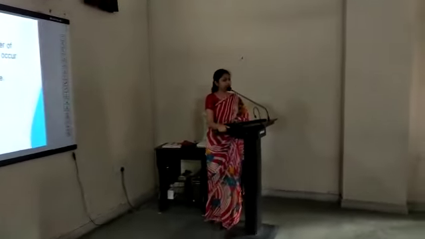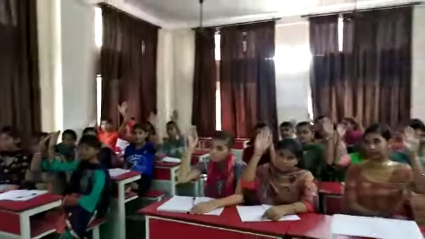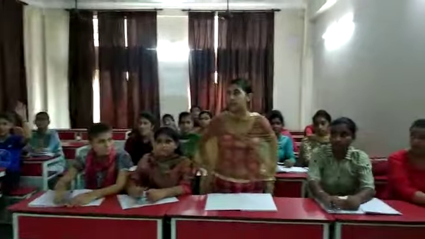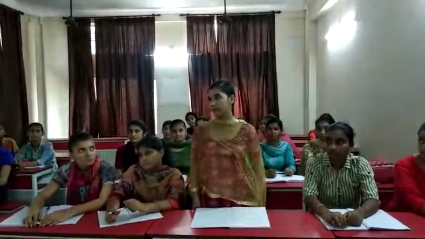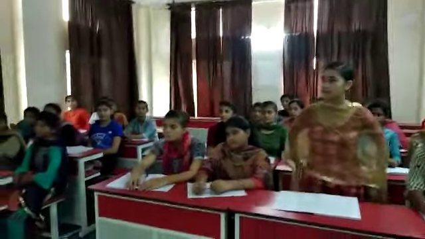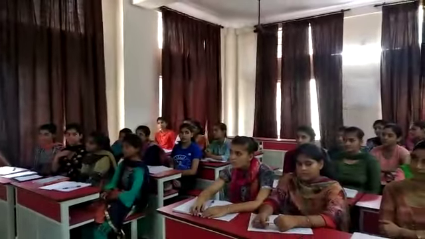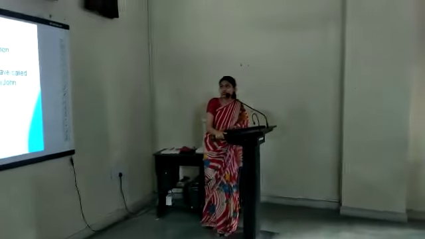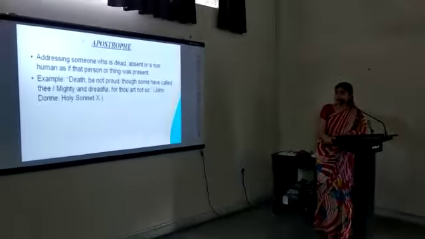Can anyone give me any one example of alliteration? Yes, Joe? So, show me sun from the poem Once Upon a Time. Yes. This line is there in the last stanza of the poem. Has anyone else? Okay. Now we'll move on to next figure of speech, that is apostrophe.